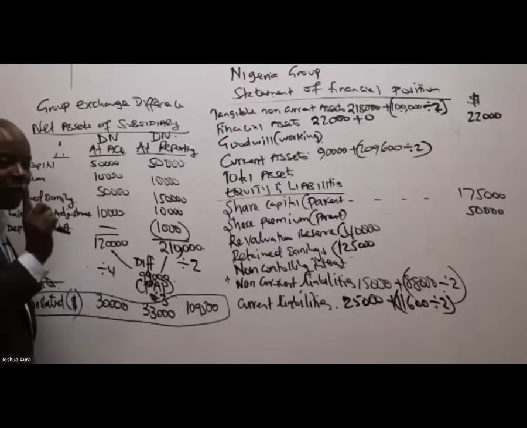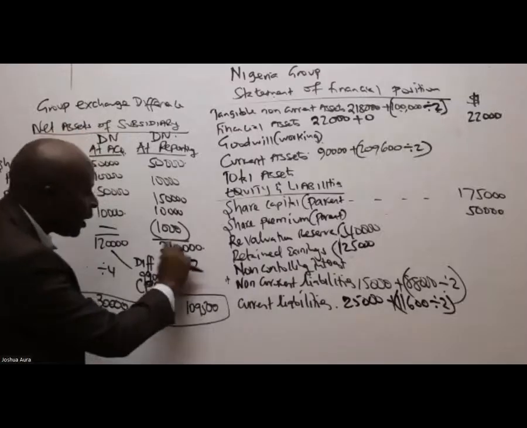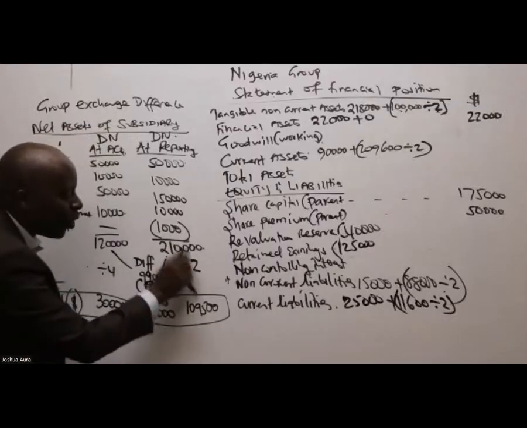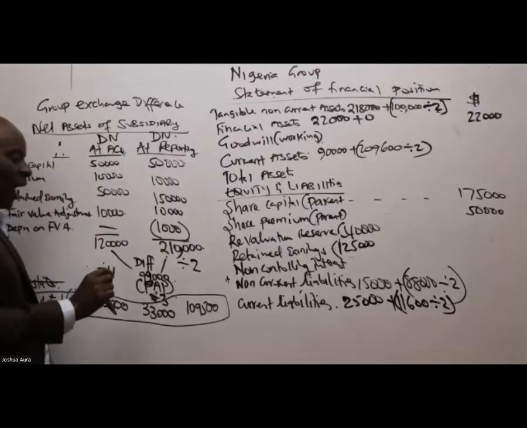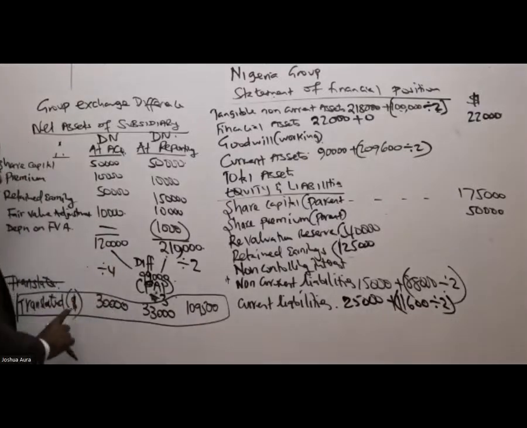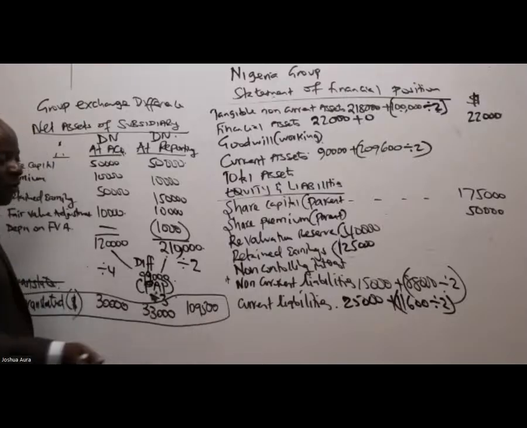It gives me 219,000, which happens to be the closing figure. So there is a perfect match. How about these translated figures? Can somebody take 30,000 plus 33,000? Are we really going to get this figure? No. That is an exchange gain.